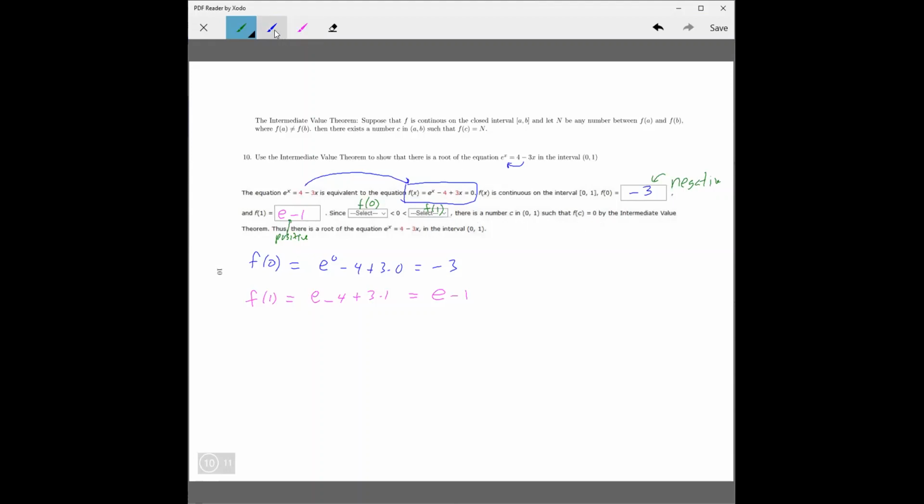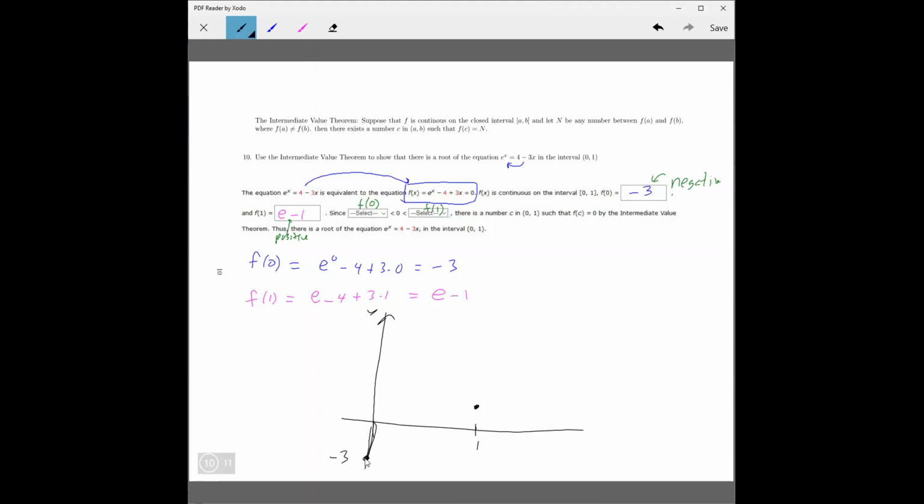So let me illustrate this so you can see what's going on. Here we have the y-axis, and f of 0 is -3, so you're down here. And we'll put 1 way over here. F of 1 is e minus 1, so that's up here.